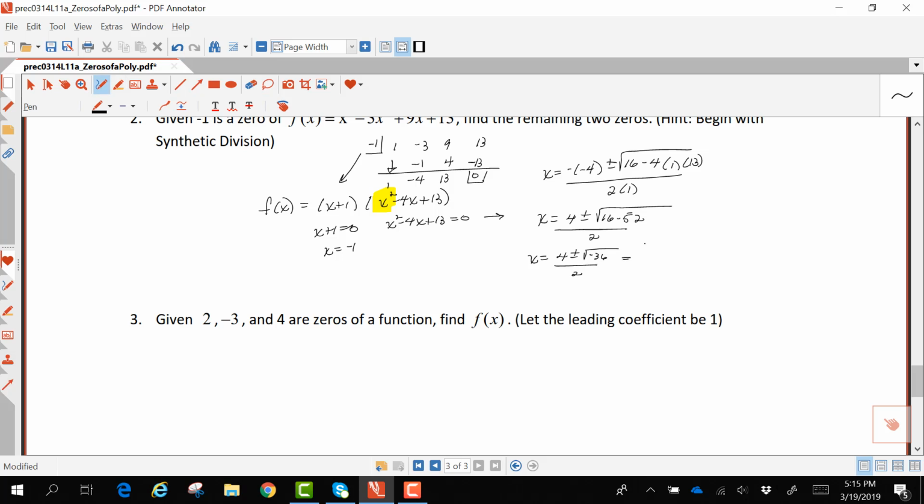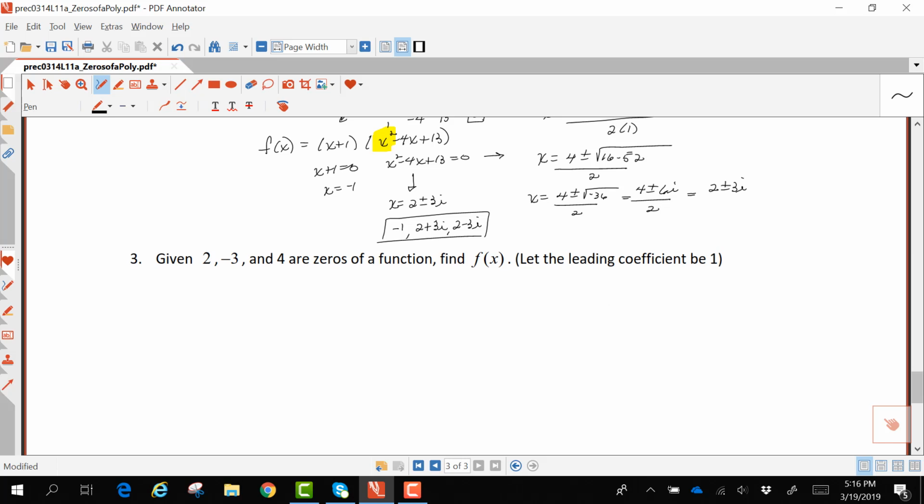So the square root of a negative number will transition to the imaginary number. And I get 2 plus or minus 3i as my zeros from this quadratic equation. Therefore, I have 3 zeros to this original polynomial, and they are -1, 2 plus 3i, and 2 minus 3i.